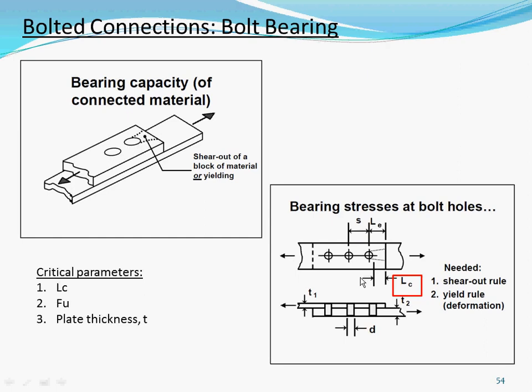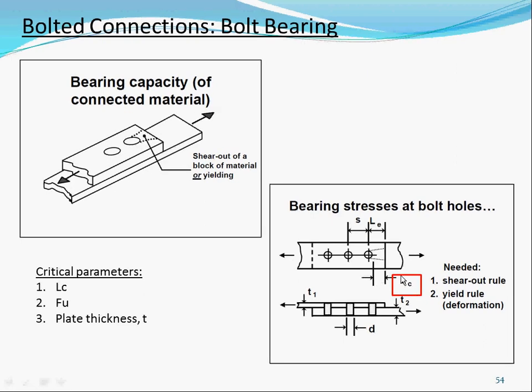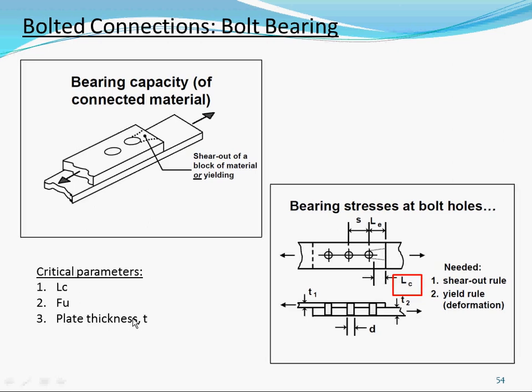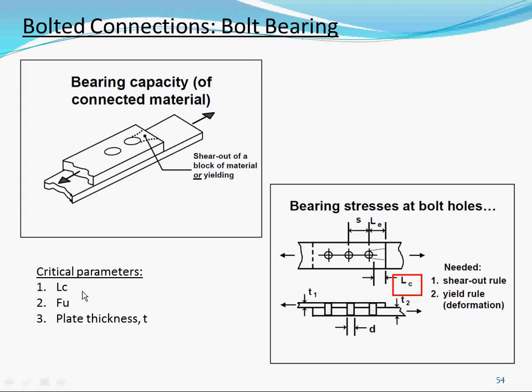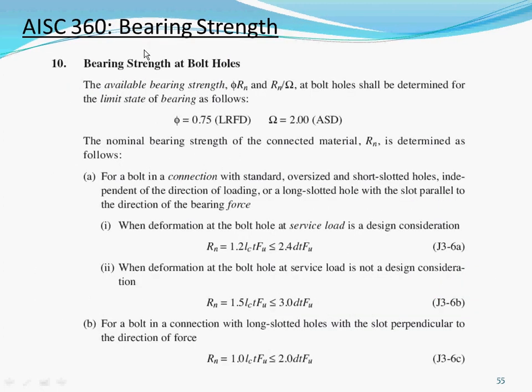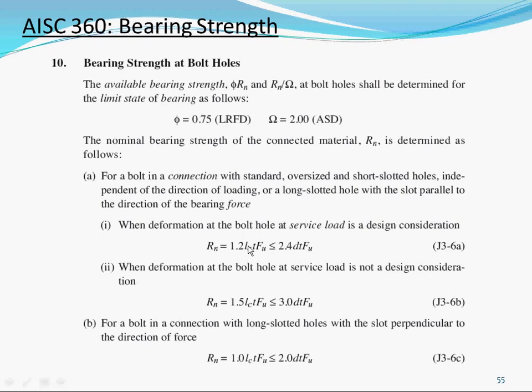You could tear out the plate. So this dimension Lc is critical, as well as Fu and the plate thickness. So the bearing is based on basically these three parameters. If you look at bearing in AISC, Lc, t, and Fu are the parameters that they have in here.